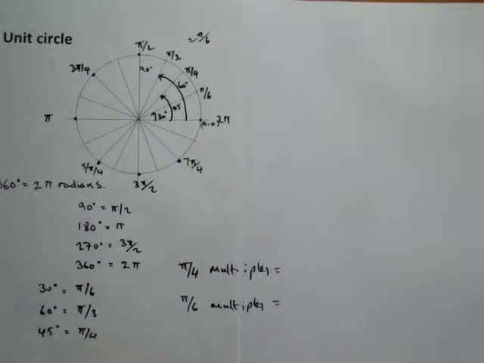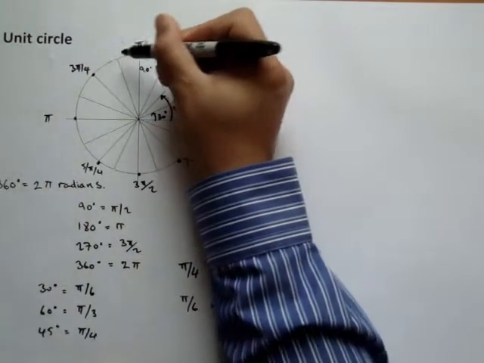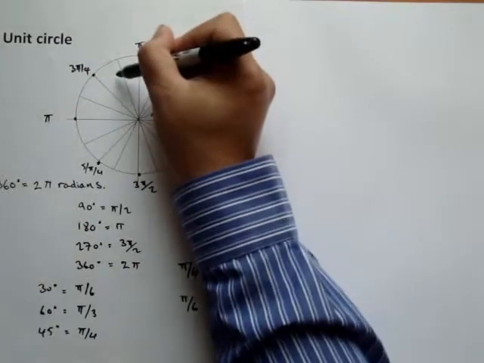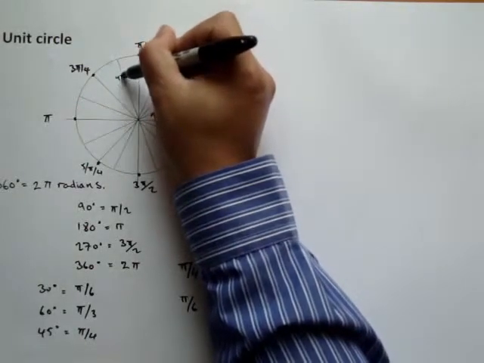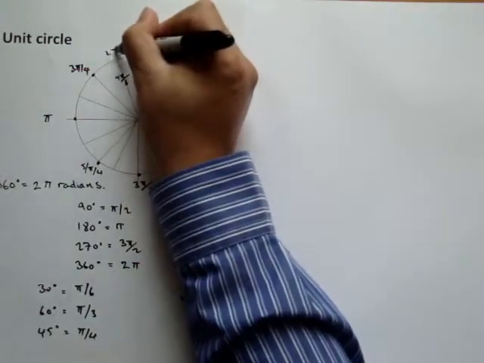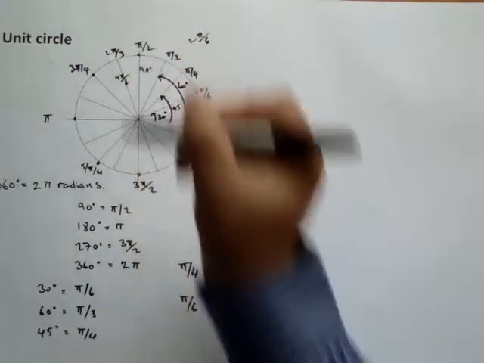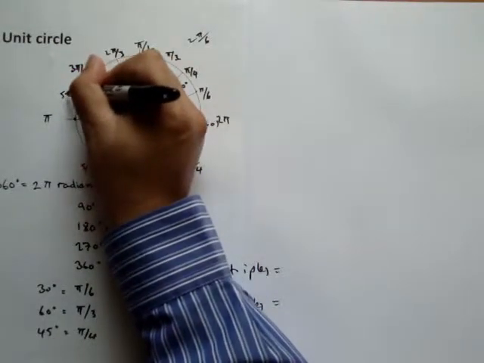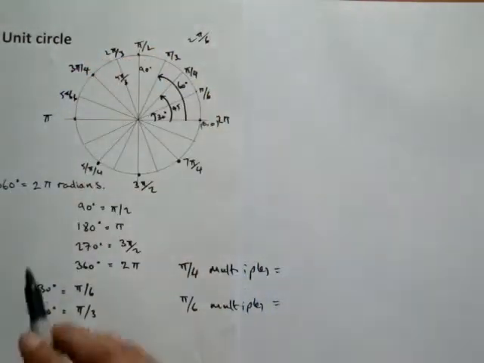This one becomes 4 pi over 6, which when we cancel that down becomes 2 pi over 3, and similarly we get 5 pi over 6.